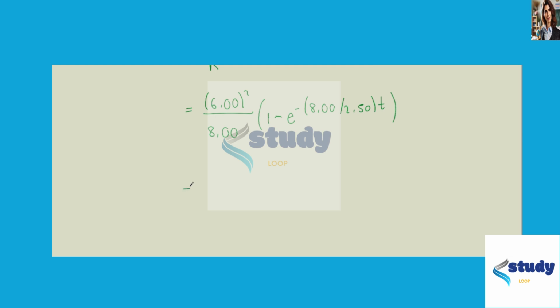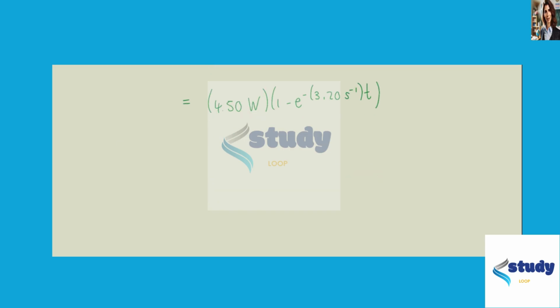And so in the simplest form, this power is 4.5 watts multiplied by 1 minus e to the minus 3.2 per second times time t. And so we have an expression for the power delivered by the battery.